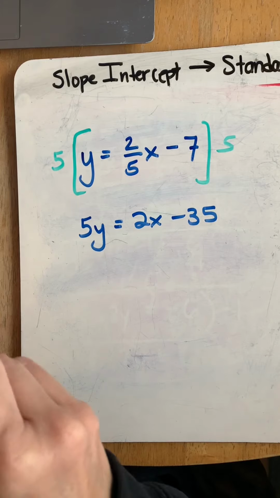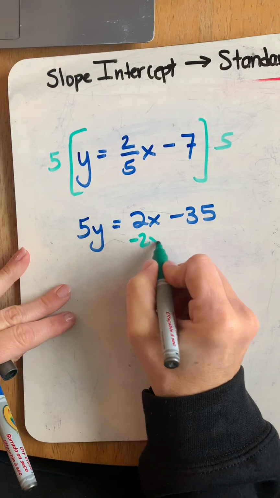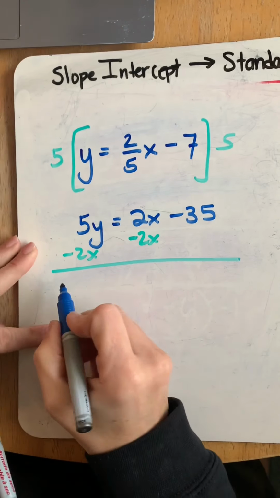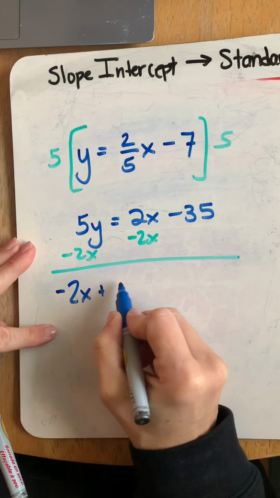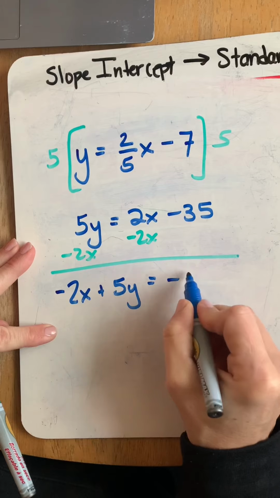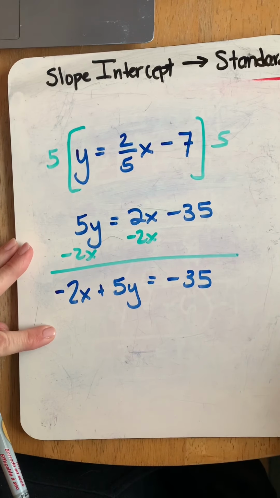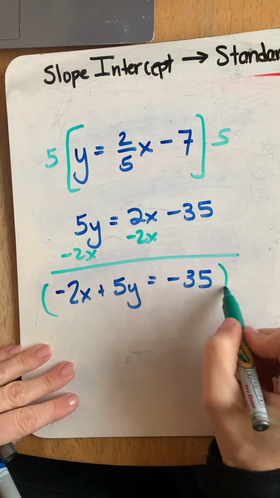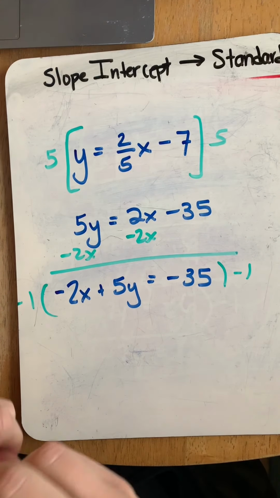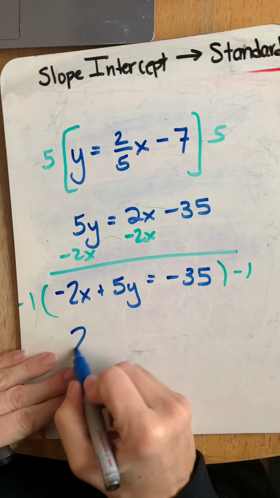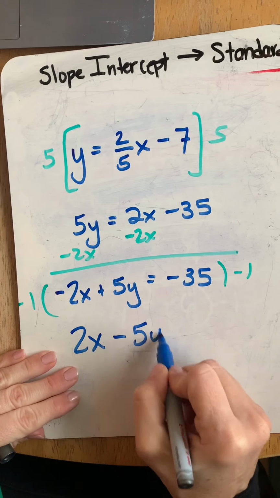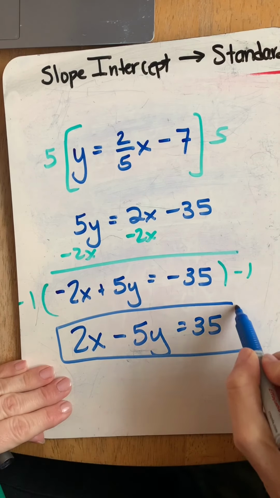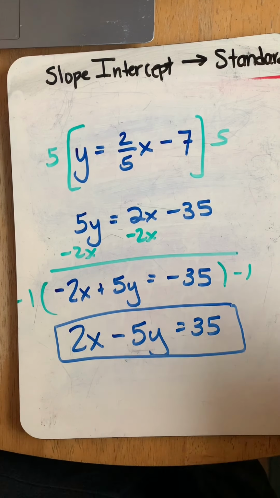Let's get the 2x on the other side. So negative 2x plus 5y equals negative 35. And that front term can't be negative, so let's multiply everything by -1 on both sides. End up with 2x minus 5y equals 35. Done. Yay.